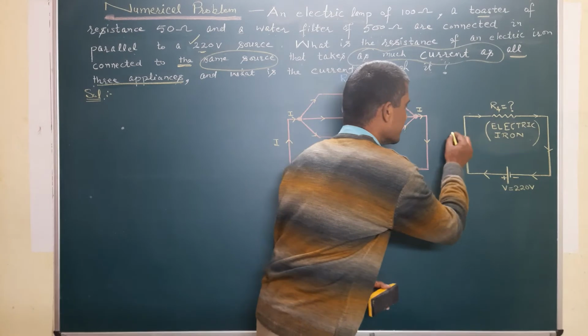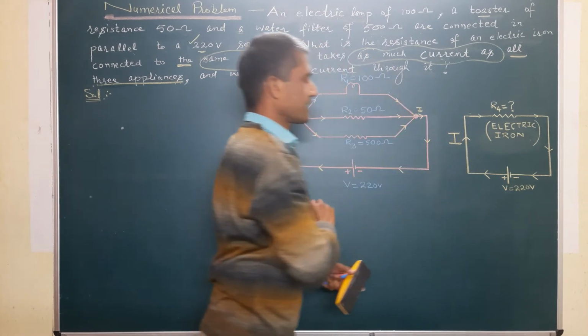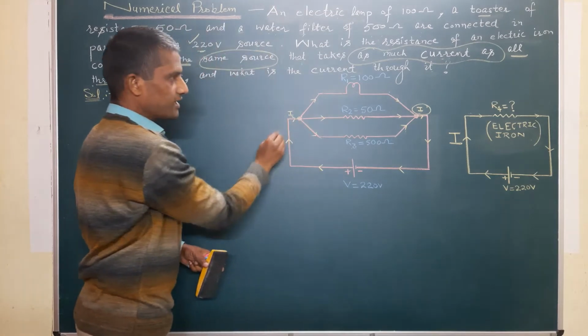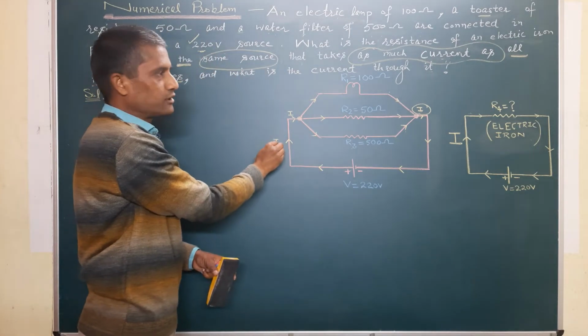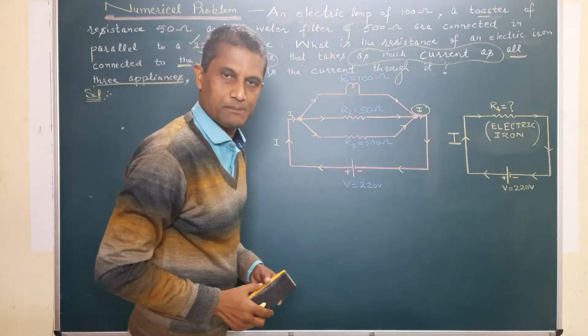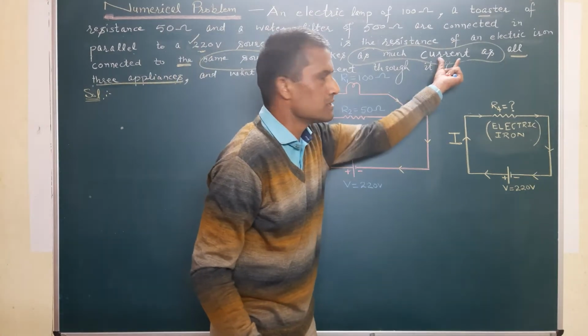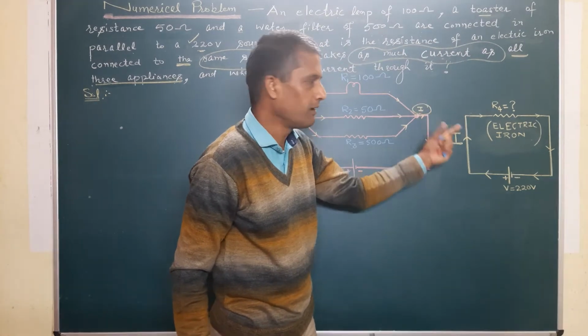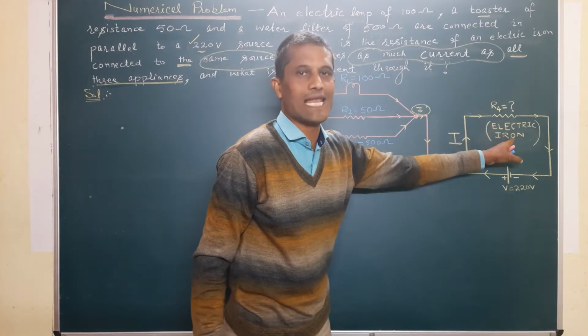So it is I current here. Once you know the total current flowing through this combination, according to the given statement, the same total current will flow through the electric iron.